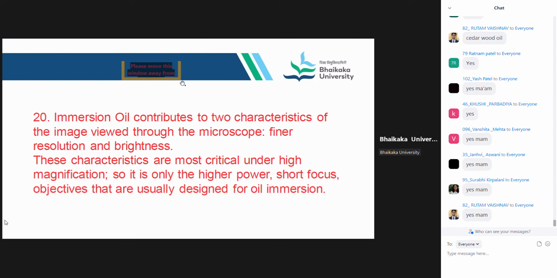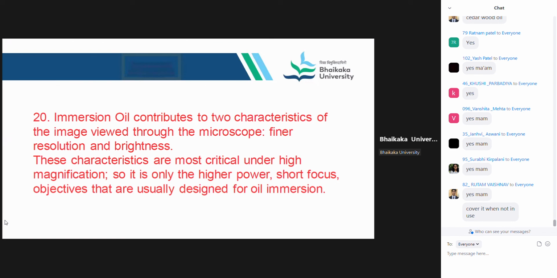When you are using the oil immersion lens, how do you clean it? Yes, very good. Rutam has answered one of the precautions, which is very good: you cover the microscope when you are not using it. That is the first one. What is the second one? Before covering, you need to clean the oil immersion lens.